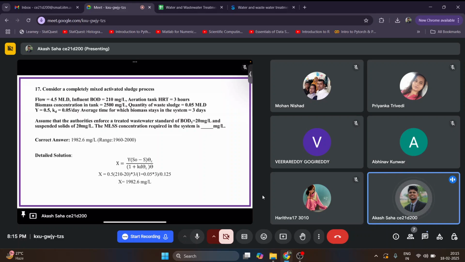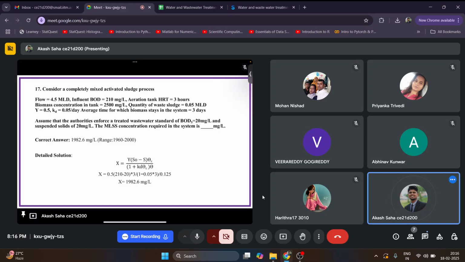In the previous problem, when we were trying to find the volume, it was V into X. Here it is directly X because V, if you take it to the right hand side, in the earlier problem there was a Q, so Q by V, we can replace it with theta. So that's why theta is coming in the denominator. Theta is nothing but the aeration tank HRT.